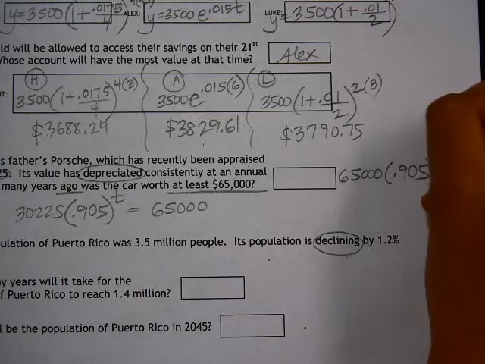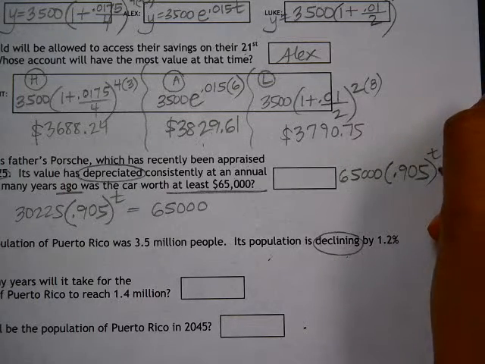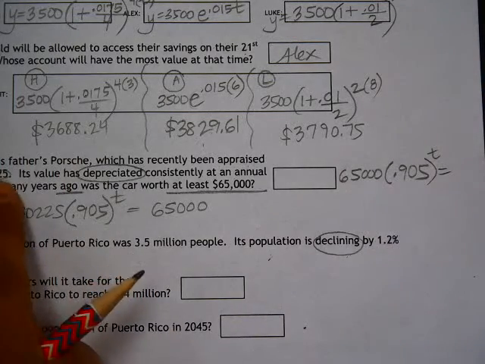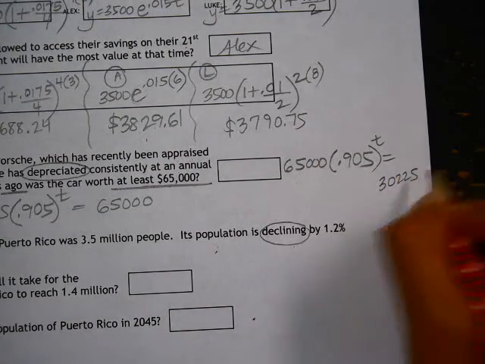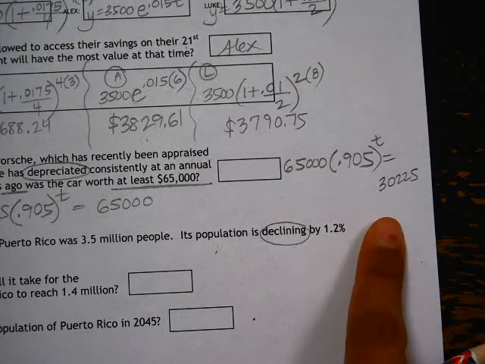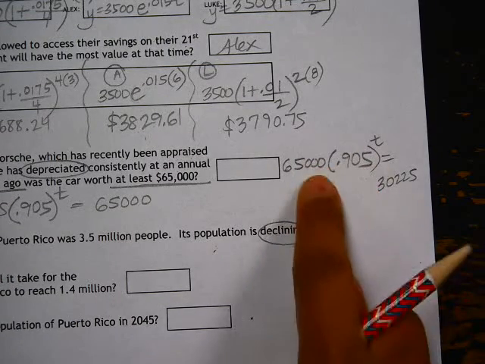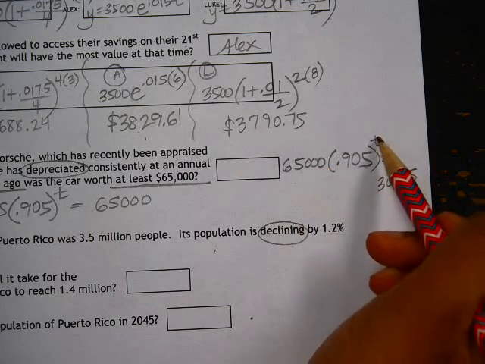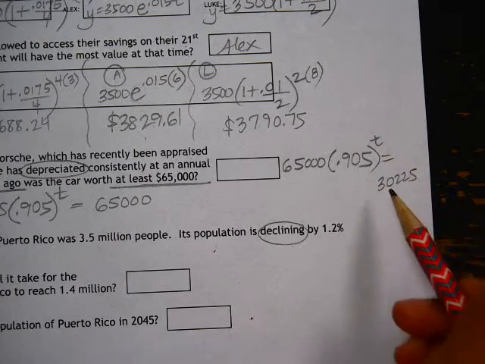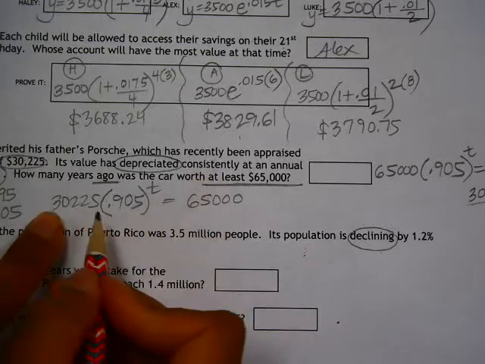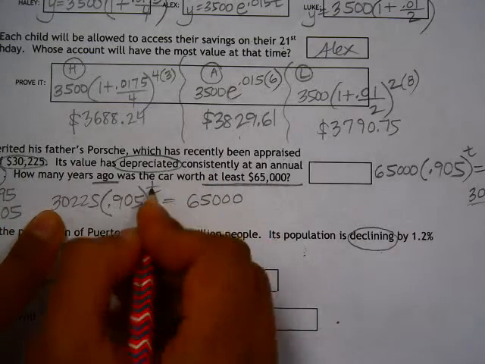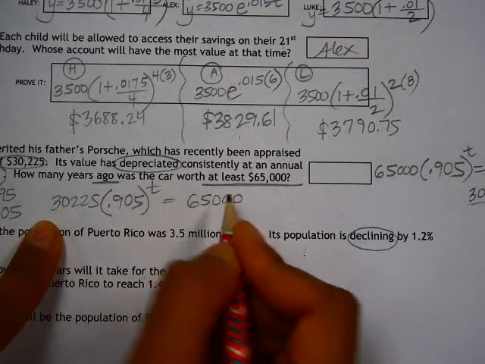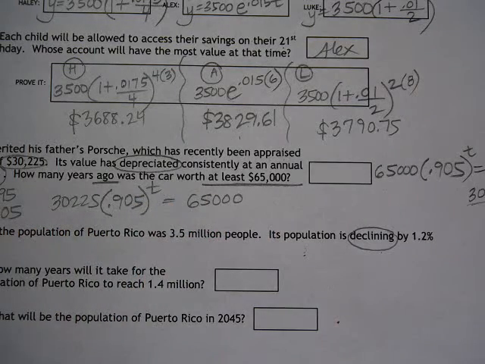And then a certain number of years have passed, and now we know the car is only worth $30,225. So depending on how you look at it, if you use this equation, we need to guess and check how many years it would take to have gotten to this value. If you approach it this way, you're working backwards to figure out when it was worth $65,000, so you're guessing negative values of t to make this happen. You should get the same answer either way.